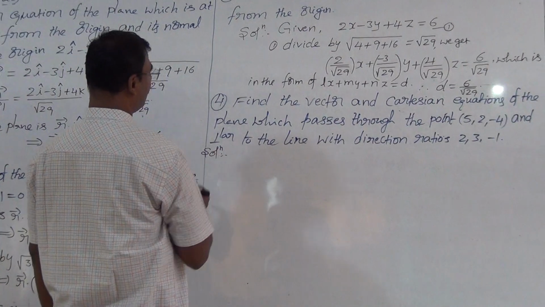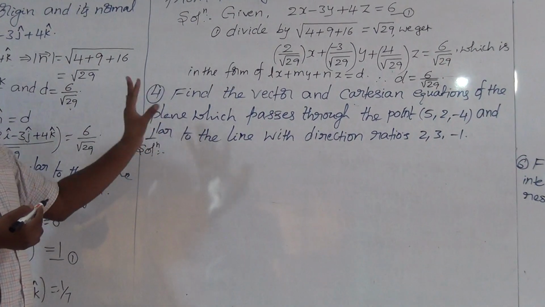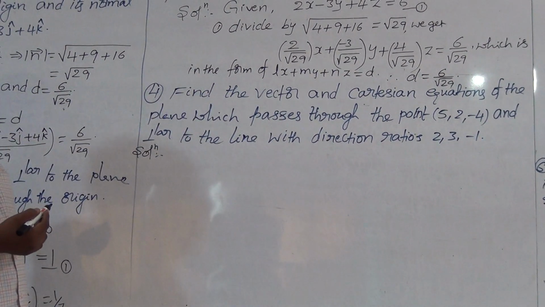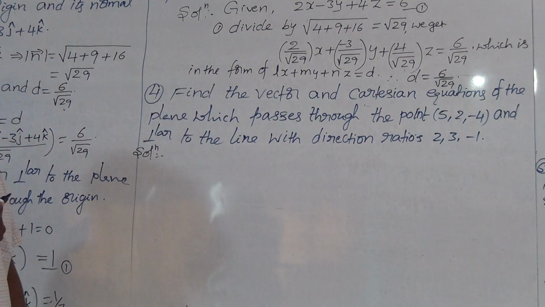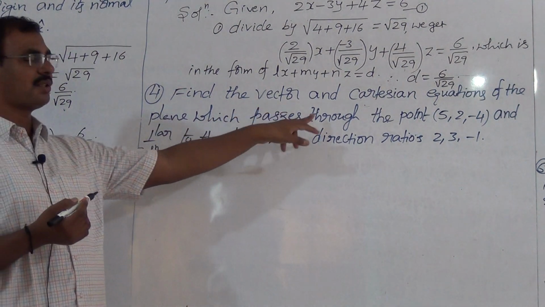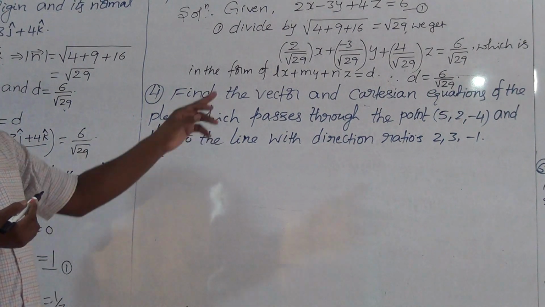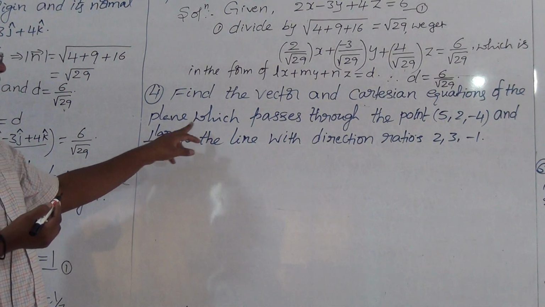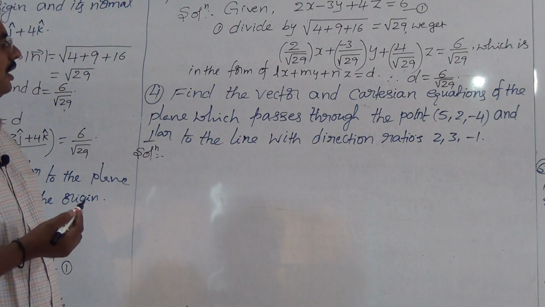Fourth question. Read the problem and note it down, all of you. These are all example questions. Find the vector and Cartesian equations of the plane which passes through the point 5, 2, minus 4 and is perpendicular to the line with direction ratios 2, 3, minus 1.